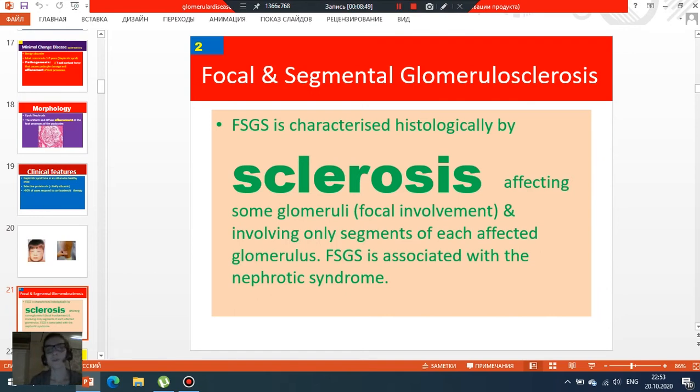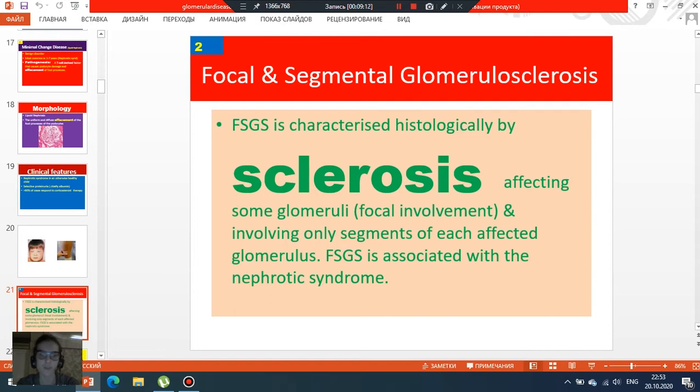Second form of glomerulonephritis is focal and segmental glomerulosclerosis, or FSGS. FSGS is characterized histologically by sclerosis affecting some glomeruli, focal involvement, and involving only segments of each affected glomerulus.